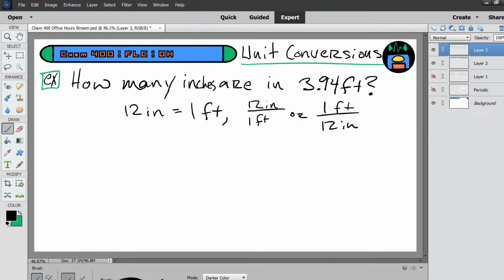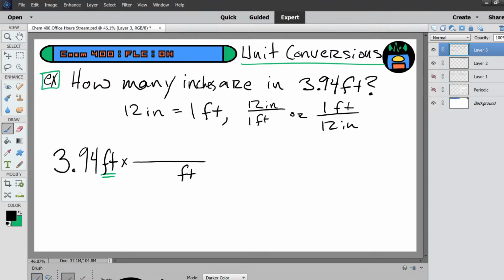So to convert 3.94 feet to inches, we need to set up a ratio. Now, like I said in class, look at what unit you want to cancel and what unit you want to be left with when deciding how to arrange your ratio.